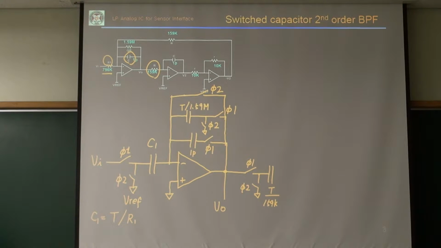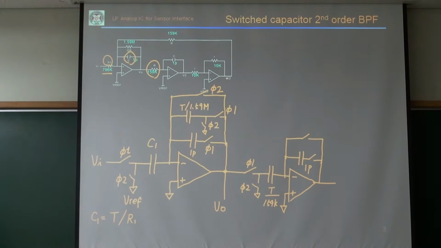I need a feedback switch for auto zero, okay? Yeah, so this one, yeah, it's easy, same thing. Yeah, this is my phi 1 capacitor, and then I have a feedback switch here, right?